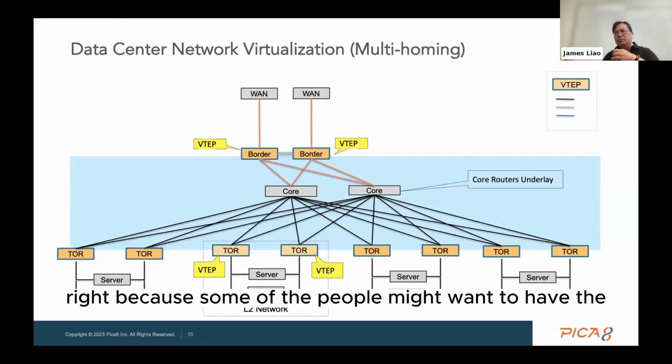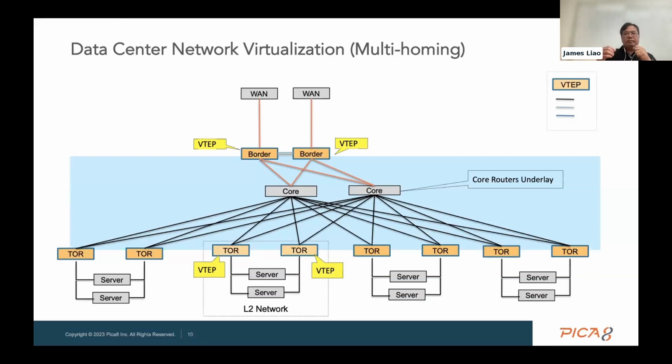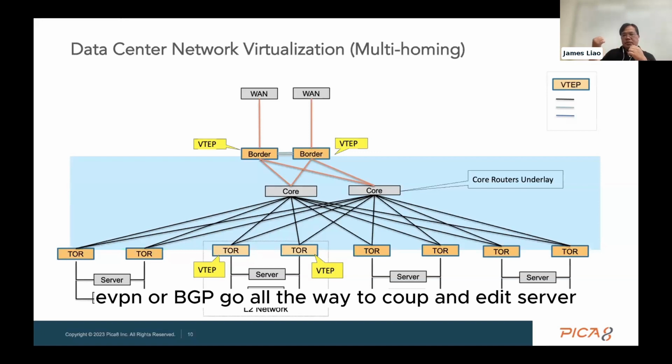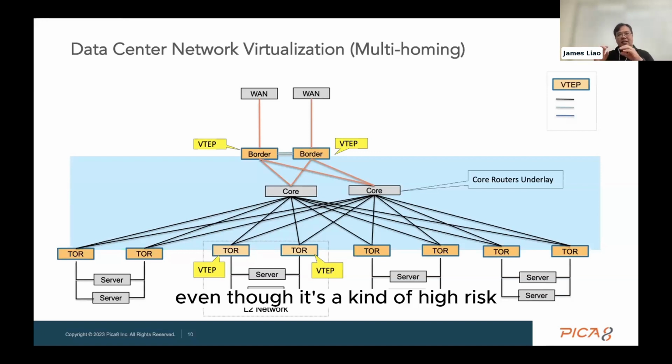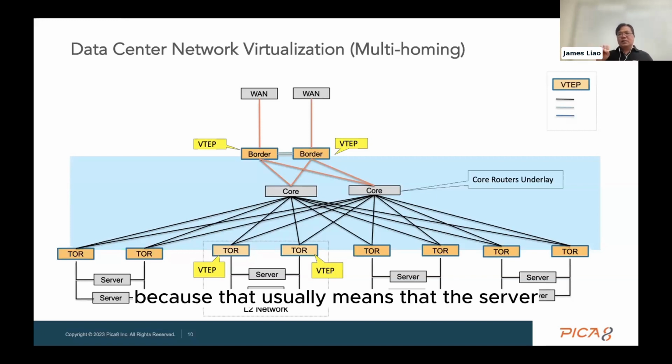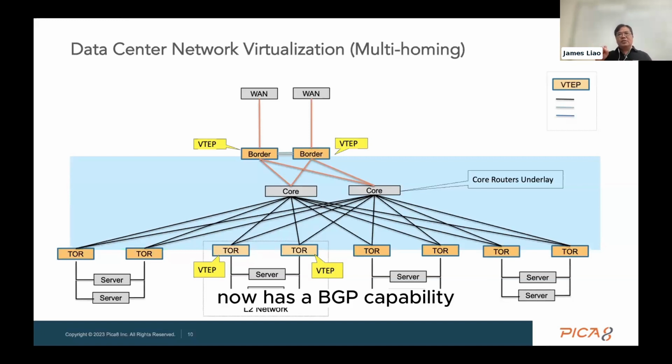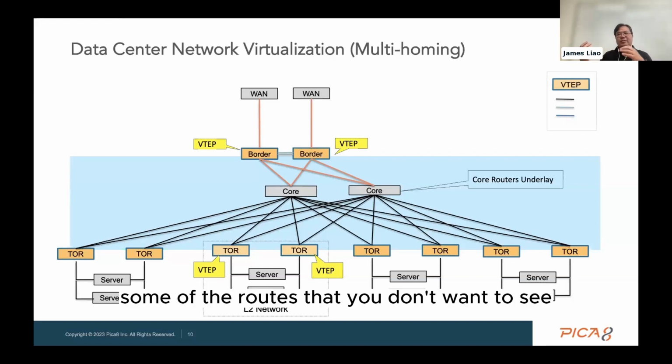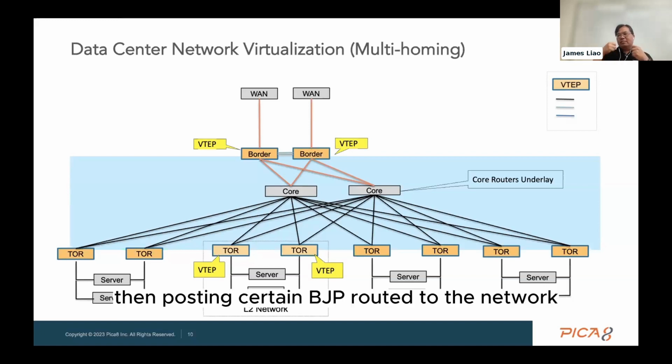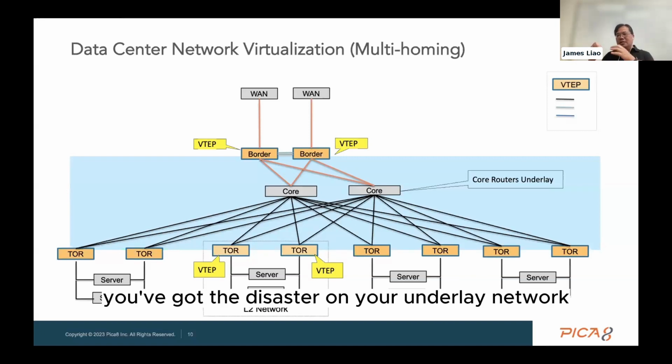Some people might want to have EVPN or BGP go all the way to the Kubernetes server, even though it's a kind of high risk. So when you are planning on that, be careful what you wish for, because that usually means the server now has BGP capability. It might create some routes that you don't want to see, or if the server is hacked, posting certain BGP routes to the network, you get a disaster on your underlay network.